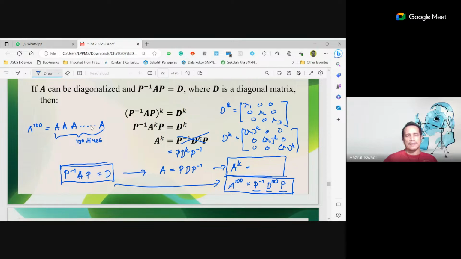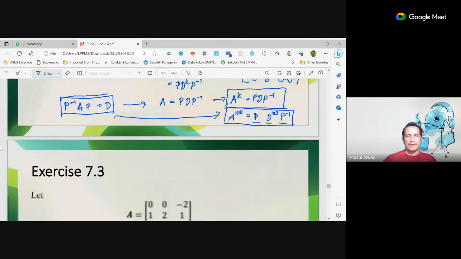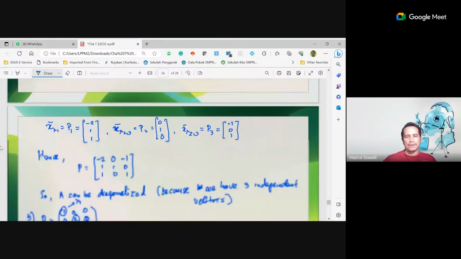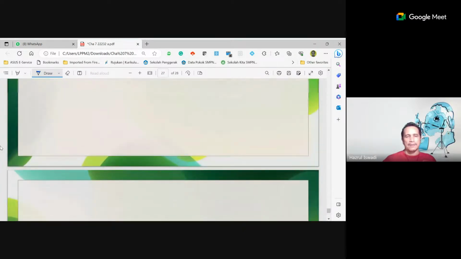It should be A to the power of t equals P D to the power of t P inverse. So the formula is P D P inverse, where the last factor is P inverse. I have corrected the formula, so the correct formula can be applied to this problem.